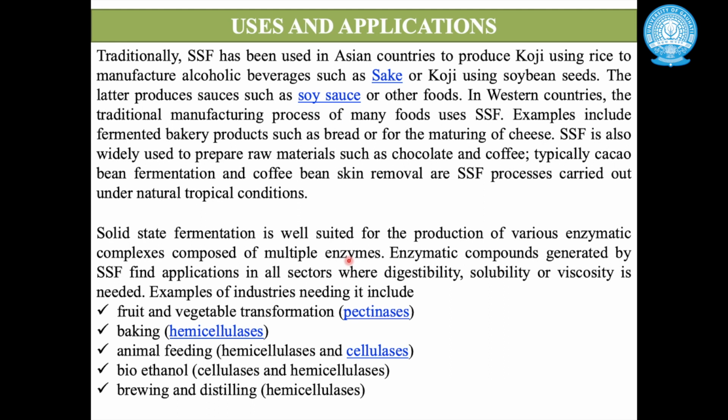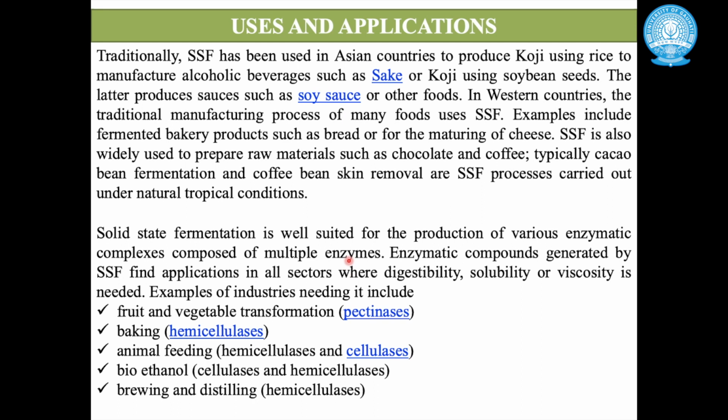So this has been in place for hundreds of years, but now scientists and industrial producers, the industries involved in making bakery products and food products, are utilizing this facility of solid state fermentation. It is well suited for the production of various enzymatic complexes, like multiple enzymes.